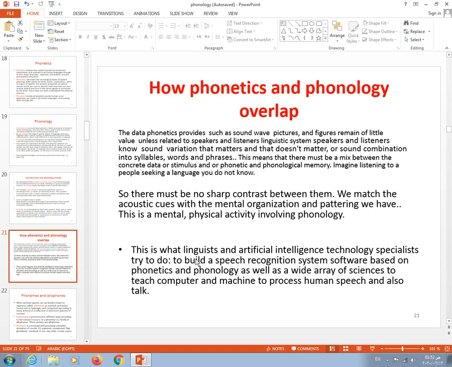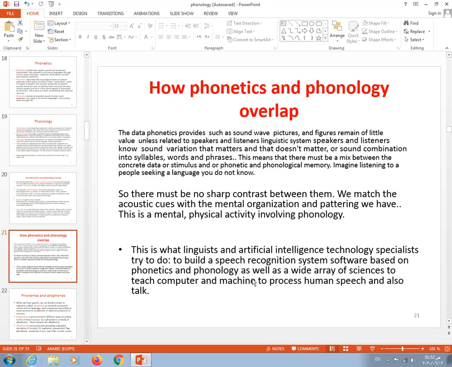And this is exactly what linguists and artificial intelligence specialists try to do to build speech recognition systems or software based on phonetics and phonology, as well as a wide array of sciences, to teach computers and machines to process human speech and also to talk.